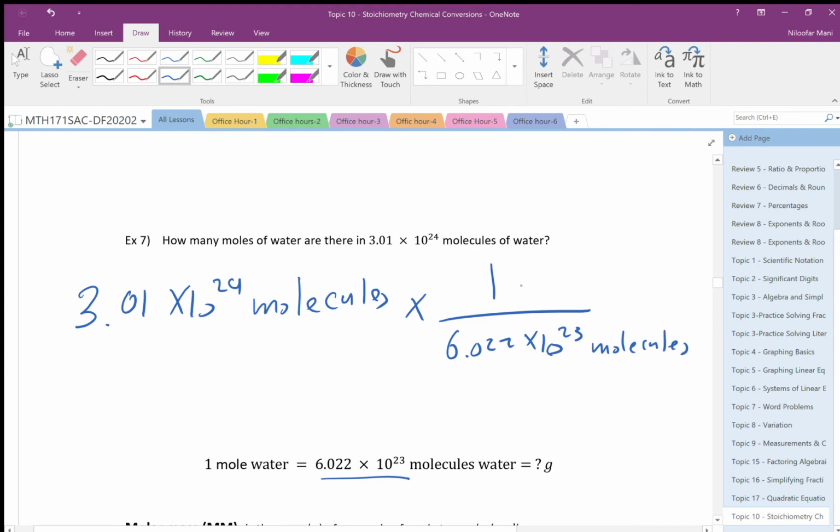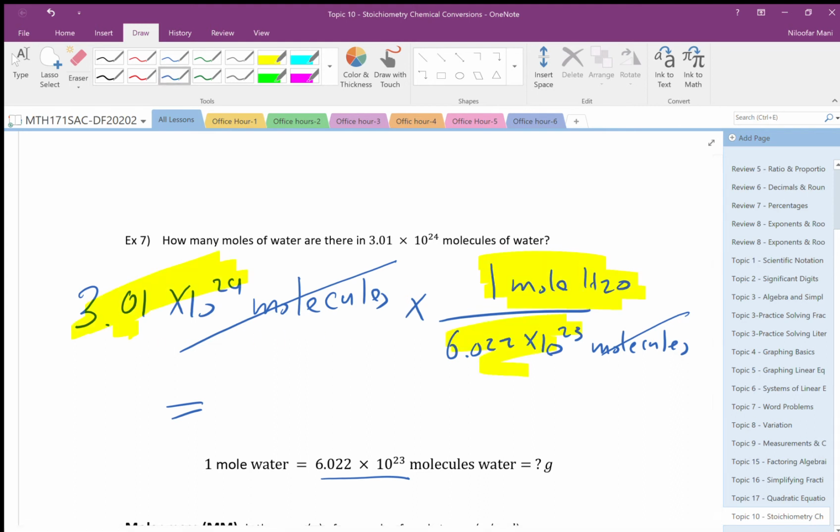Now I can cancel molecules, and what is left is moles, and now I can simplify.